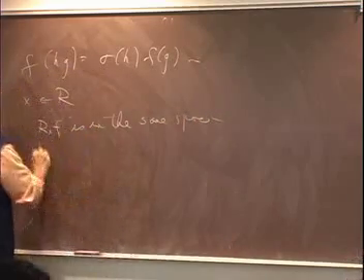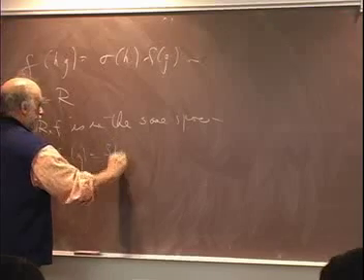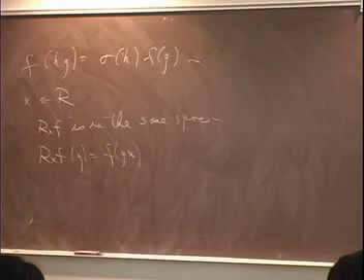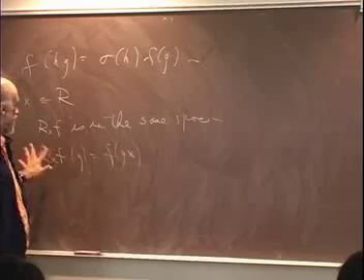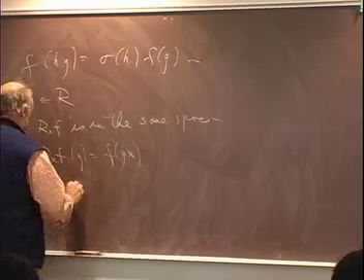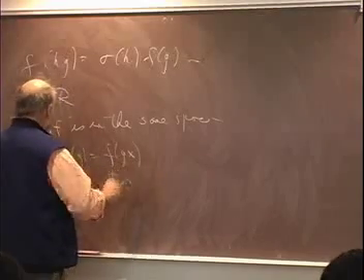And R x of f of g is equal to f of gx. This is the x action on the right here, but there's some covariance. This is a left action. R stands for right.